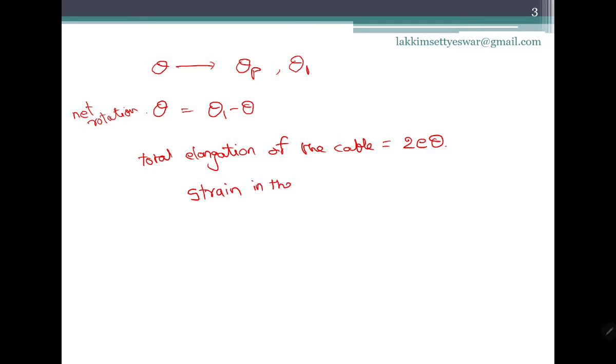So change in length is 2 into E into theta divided by original length L. So this is strain. From the strain we can calculate the increase in stress. So strain is equal to 2 into E into theta by L. Now stress is equal to strain into Young's modulus of the steel.